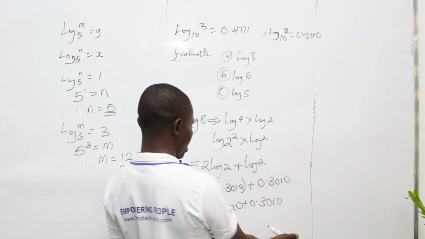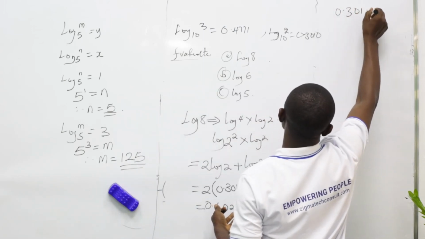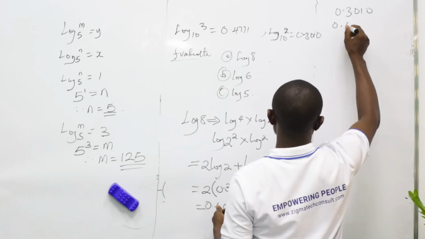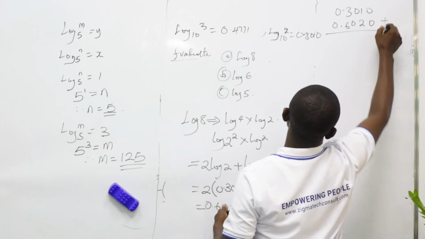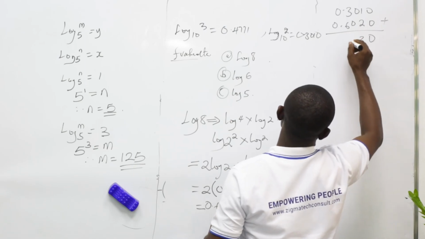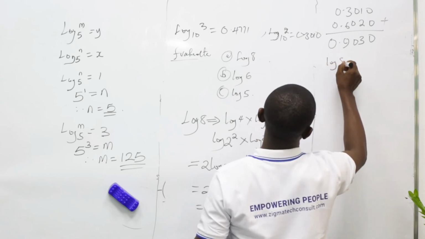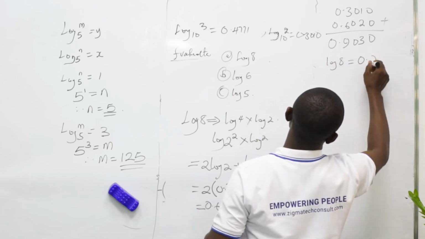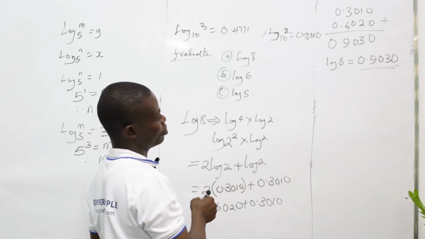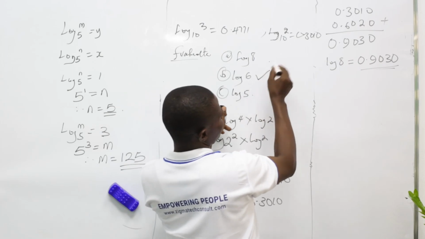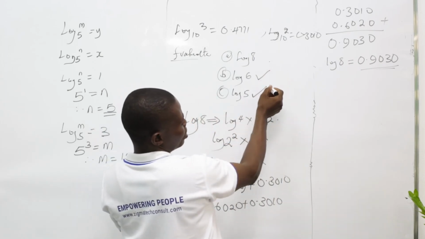Now, adding this together, we're going to have 0.9030, meaning that log 8 equals 0.9030. You can do this, just try it as an example.